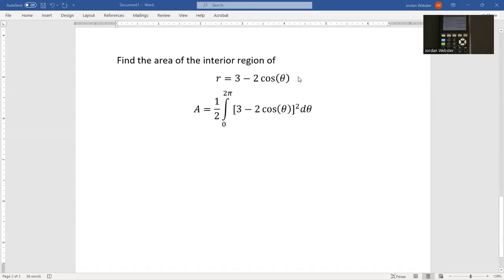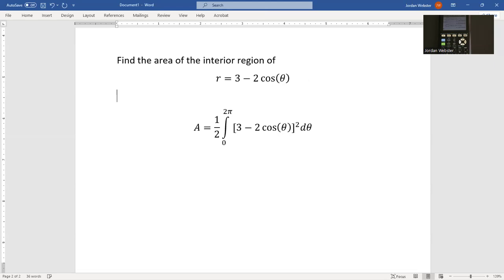This was a dimpled limacon, and the way we found the area of the interior of this dimpled limacon was we took 1/2 integrated from 0 to 2 pi of the quantity 3 minus 2 cosine theta quantity squared.